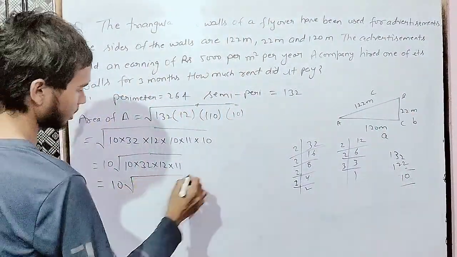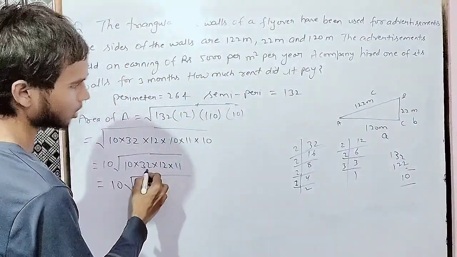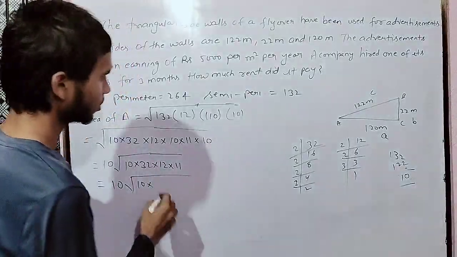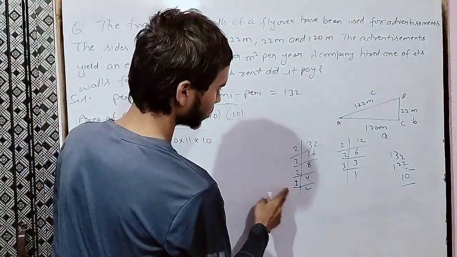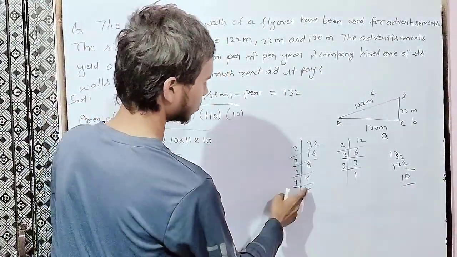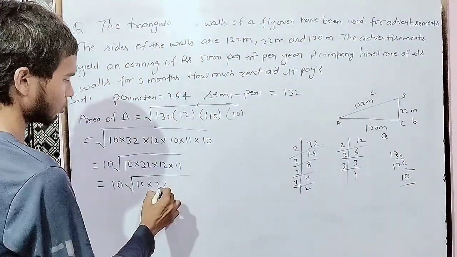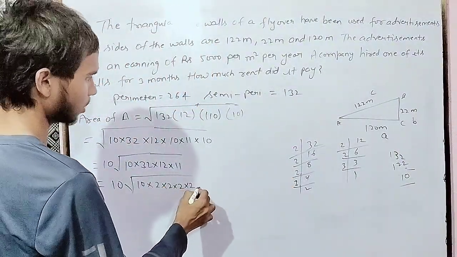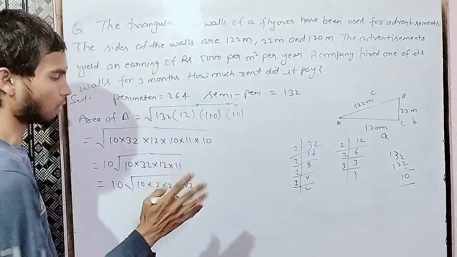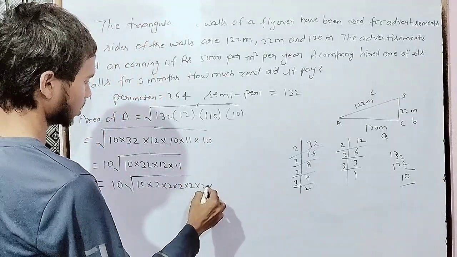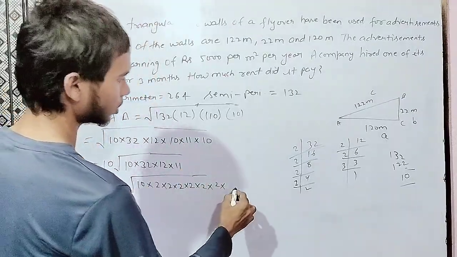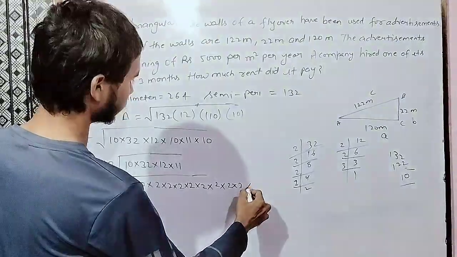Let's see what will happen. 10 multiplied by this 32: 2 to the 4, 4 to the 8, 8 to the 16. So 2 multiplied by 2 multiplied by 2 multiplied by 2, how much? 5. Then again 2 multiplied by 2 multiplied by 3 multiplied by 11.